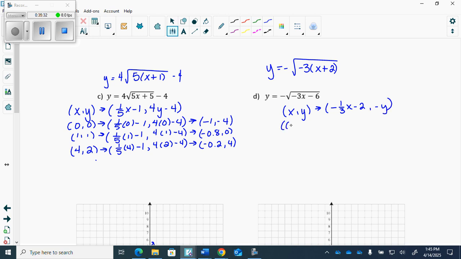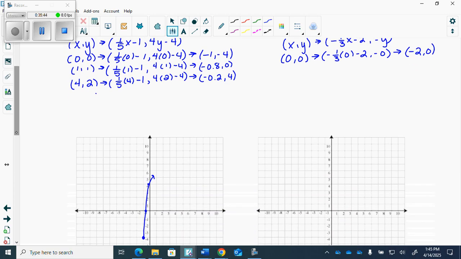So (0, 0) is going to become (negative 1/3 times 0 minus 2, negative 0), which is (negative 2, 0). And then (1, 1) becomes (negative a third times 1 minus 2, and negative 1). So negative 7/3? No. Yeah.